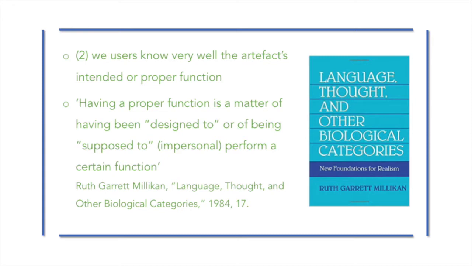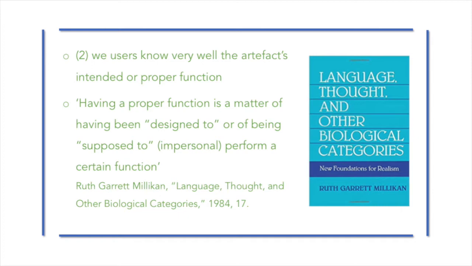The second implication is that we users know very well the intended function of the artifact, and the concept of proper function was originally developed by Ruth Millikan in the book titled Language, Thought and Other Biological Categories in 1984, but later on it was adopted by many researchers from different fields who investigate the nature of artifacts and the notion of function.